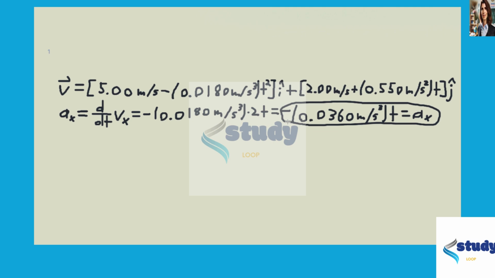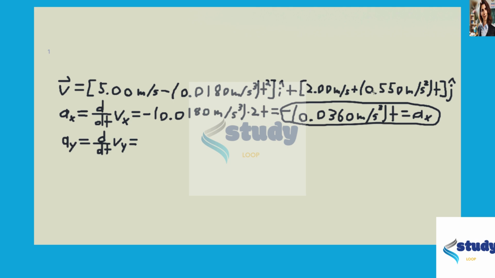Now for the y component, so I'm calculating ay now. I'll take the derivative of the y component of velocity, so I have d/dt of vy. Look at the y component. The first term, 2 meters per second, is going to be 0 because it's constant.